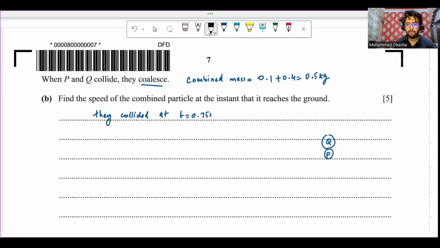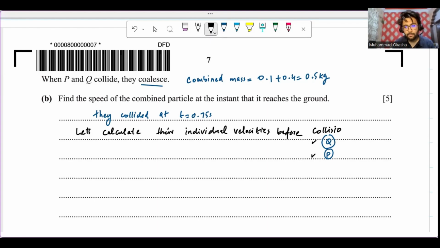First of all, I'll find out what their individual velocities were before collision. Let's work that out.